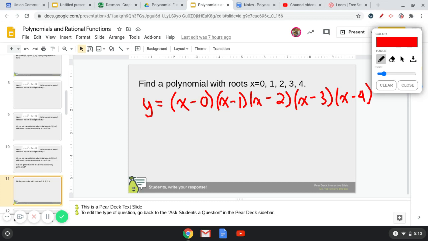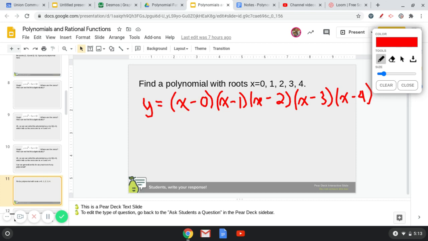Yes. Feel free to check this in Desmos. But yes, this is a polynomial with those roots. So which means we have 1, 2, 3, 4, 5 roots. And y'all, if you were to actually distribute this, what would the degree of this polynomial be?